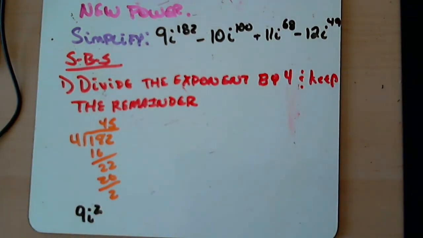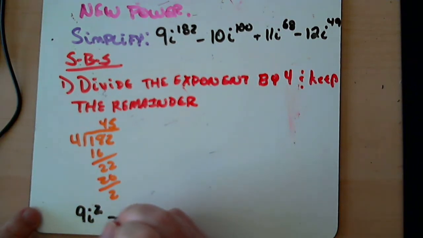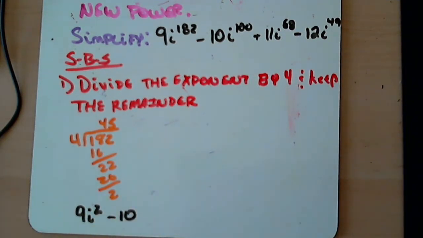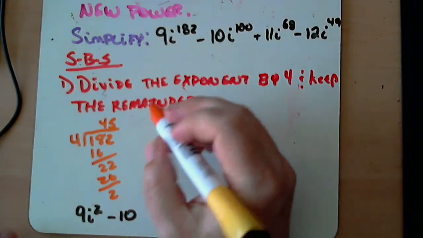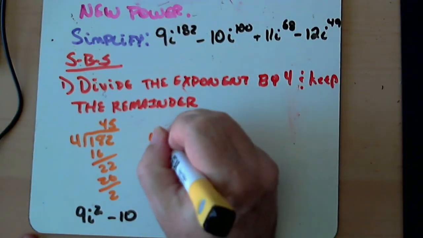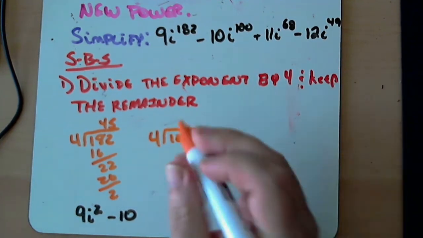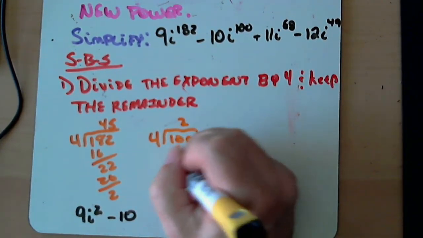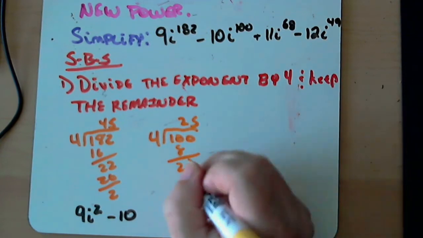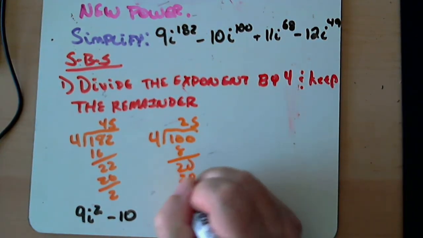Minus 10. And I think we all know that 4 goes into 100. As you guys can see, I'm using my desktop computer. This goes into it 2 times for 8, and then 20, that's 5. So the remainder is 0.